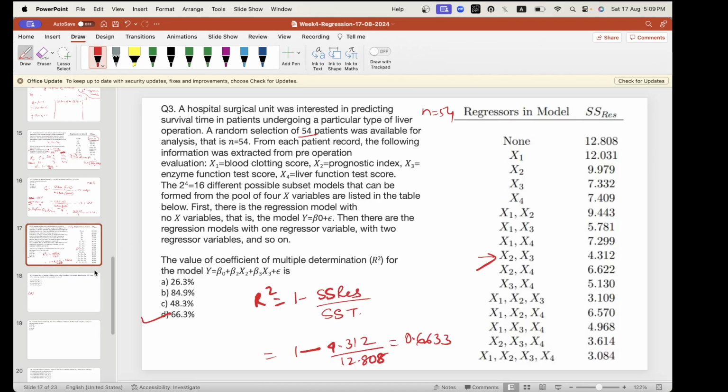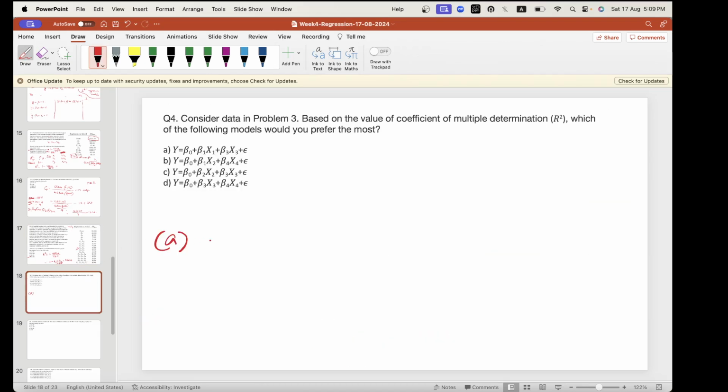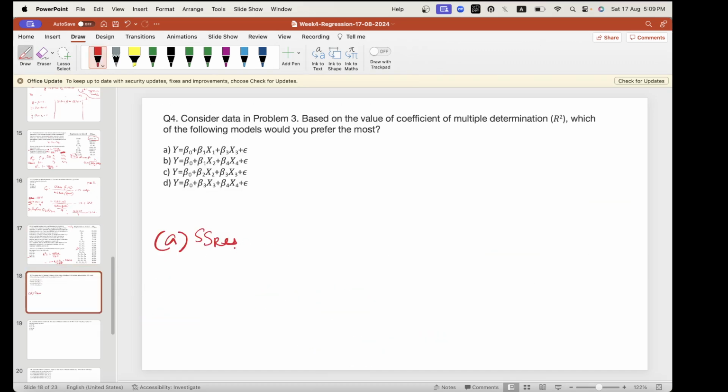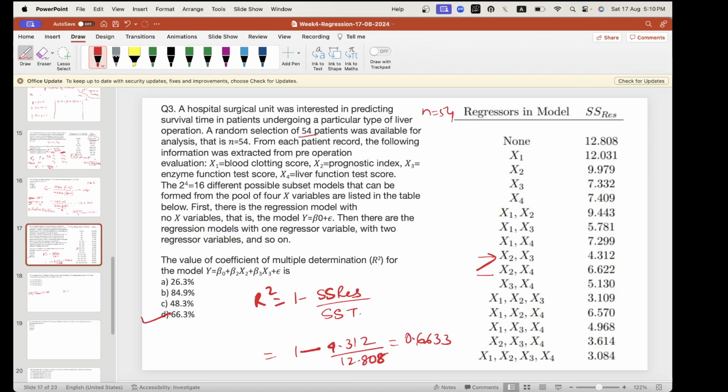So SS residual for x1, x3 is 5. For B it is x2, x4, so for B it is 6.6622.